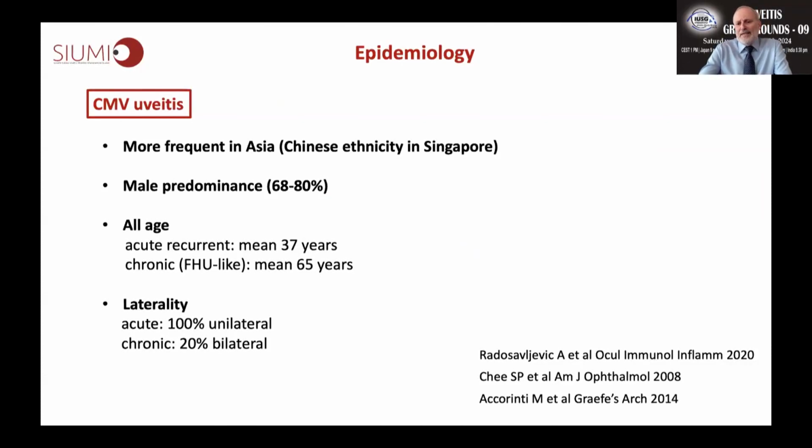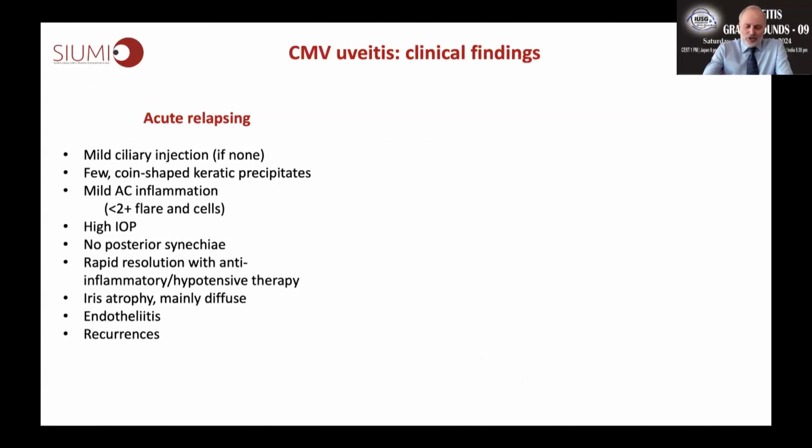Almost all the acute forms of CMV infection are unilateral, while in the chronic one, we have 20% of bilateral involvement. So we have to distinguish, because they are completely different as far as signs and symptoms are concerned. In acute relapsing, there is a mild ciliary injection, if any, and few cone-shaped keratic precipitates.